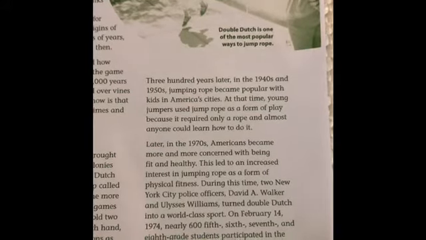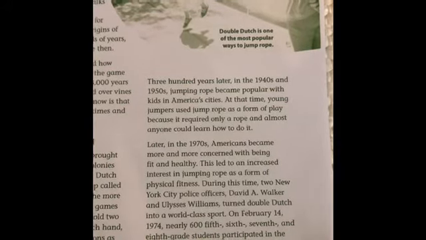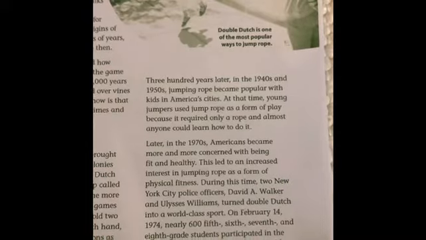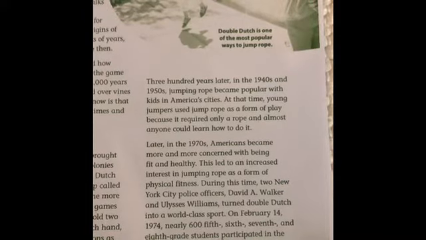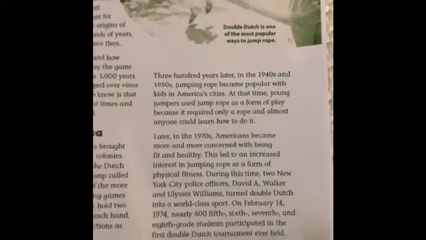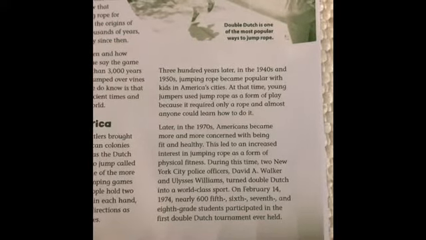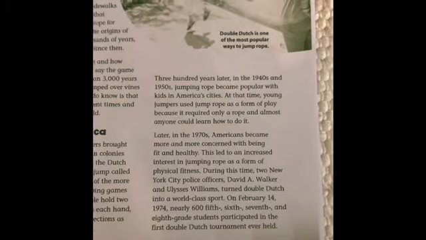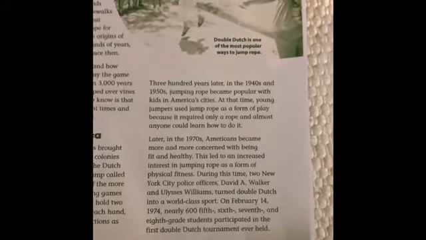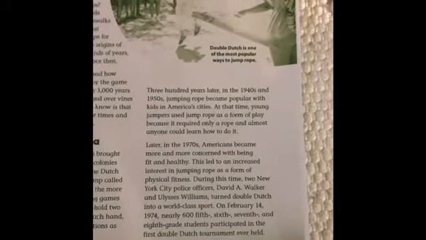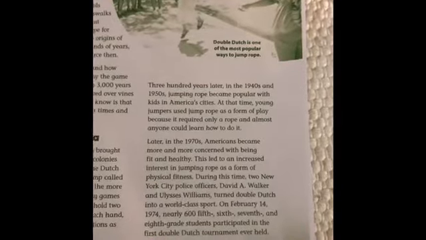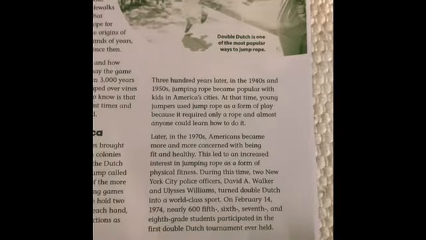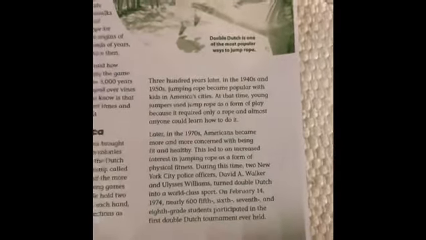During this time, two New York City police officers, David A. Walker and Ulysses Williams, turned double dutch into a world-class sport. On February 14, 1974, nearly 600 5th, 6th, 7th, and 8th grade students participated in the first double dutch tournament ever held.